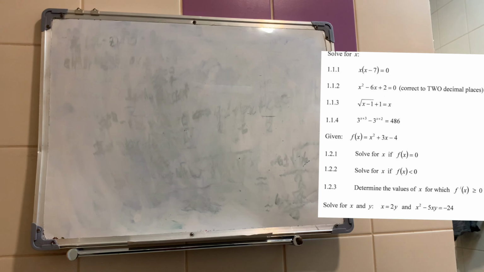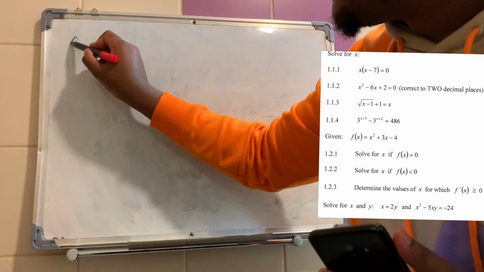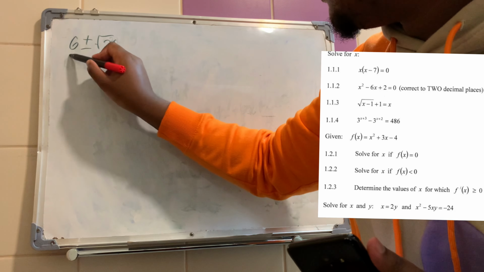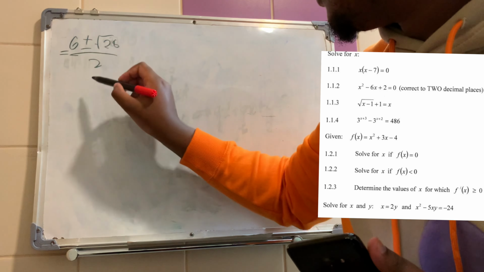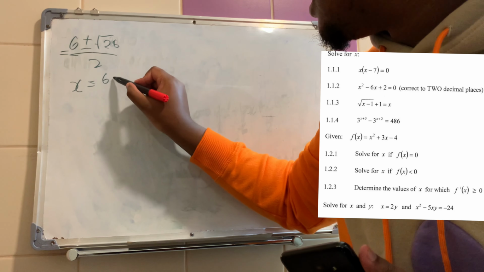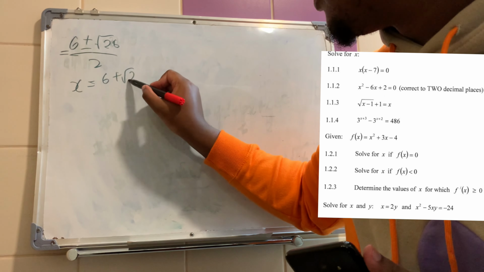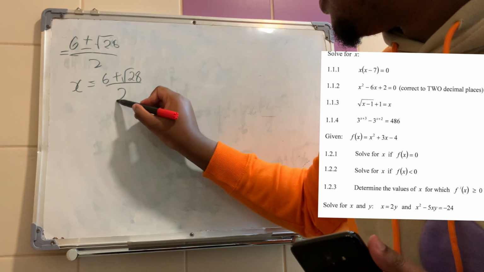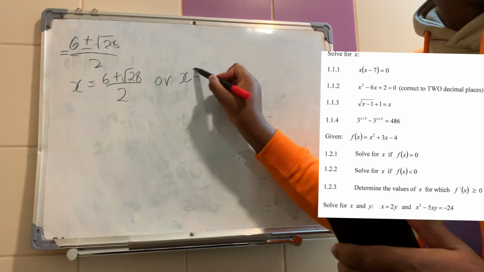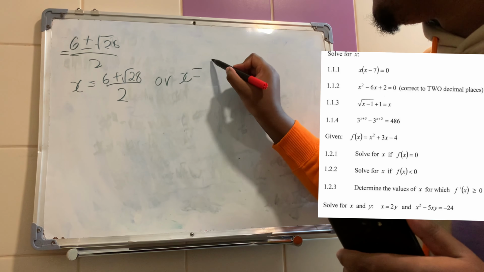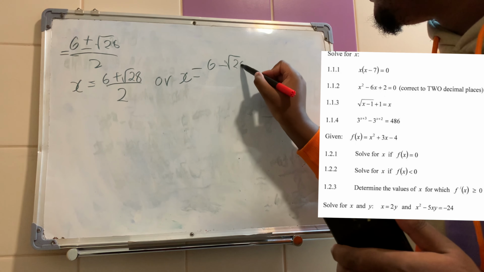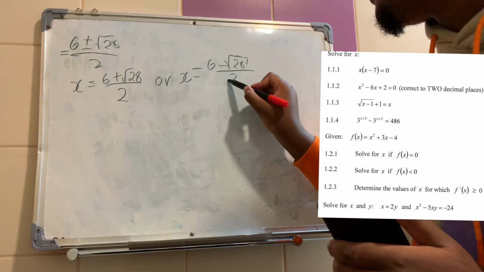Now you're going to say, since you want 6 plus or minus the root of 28 all over 2, either x is equal to 6 plus root of 28 all over 2, or x is equal to 6 minus root of 28 all over 2.